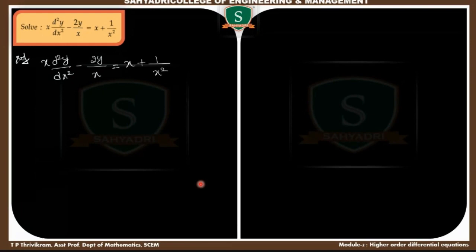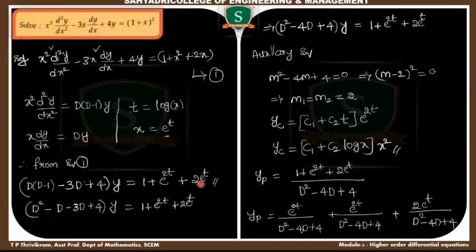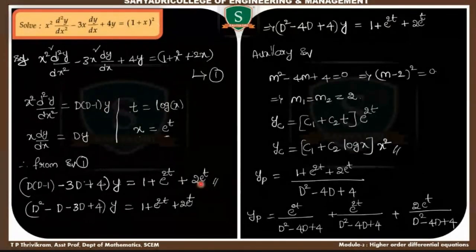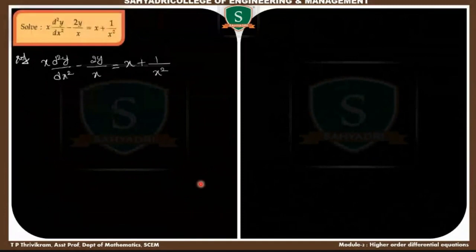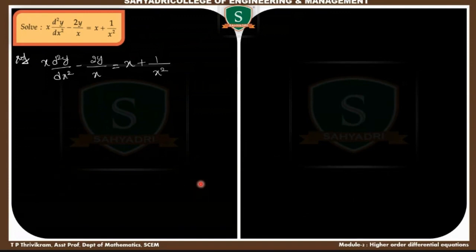Observe the previous question and this question once. What is the difference between this question and this question? dy by dx is not here. Okay, no problem. x into d square y by dx square.